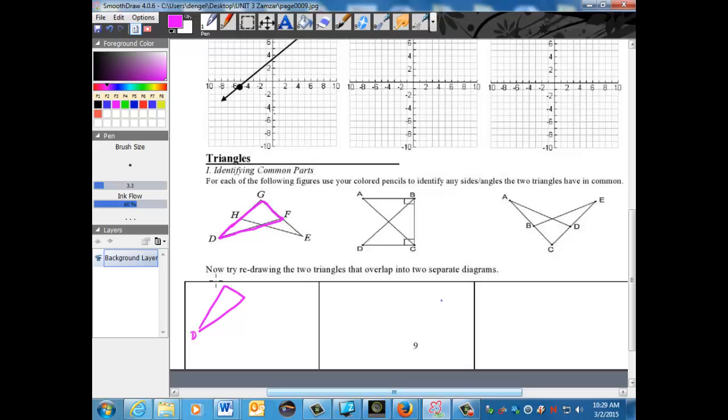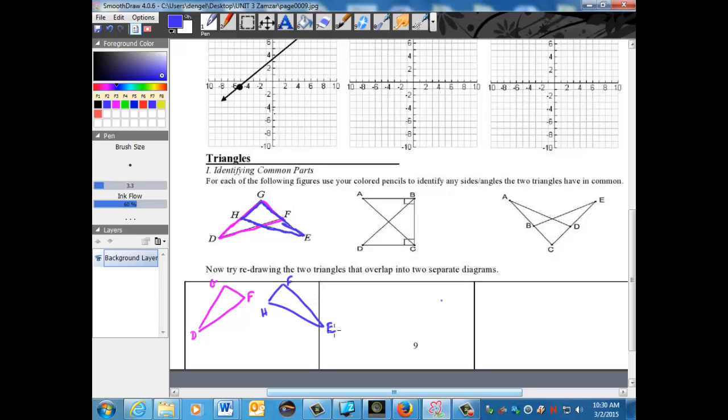And so we want to label this D, G, and F. Okay, then we want to highlight the other triangle. Let's go blue. So we highlight the other triangle. And so we can redraw this triangle. And this is going to be H, F, and E.